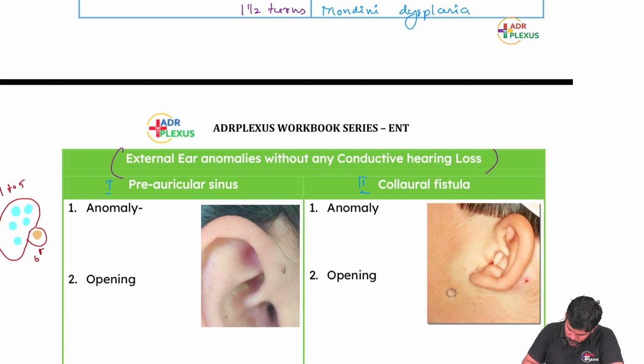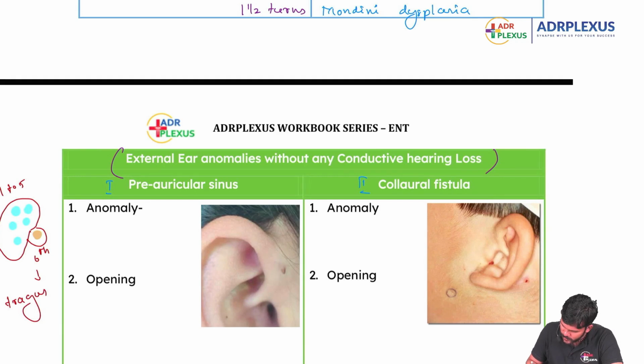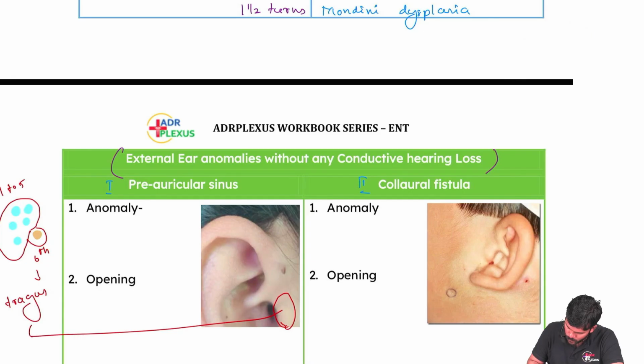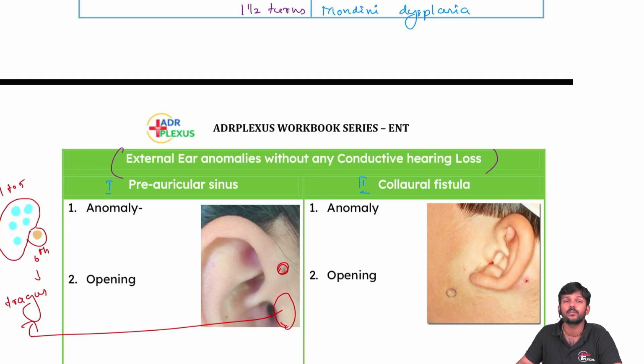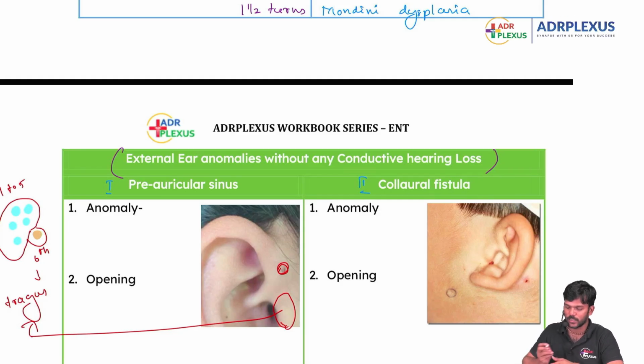This is the sixth arch, which will exclusively form the tragus. The fusion point between these two different embryological entities should disappear at birth. If it doesn't disappear at birth, it is called pre-auricular sinus.